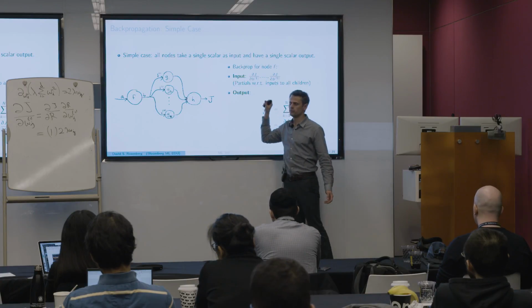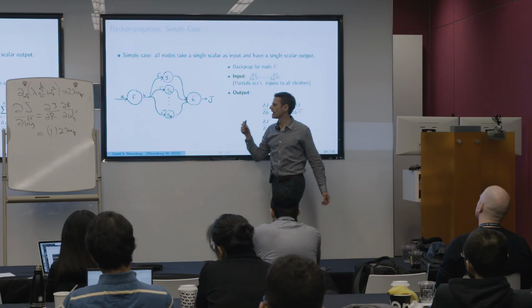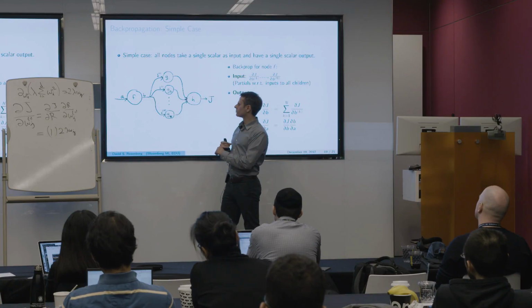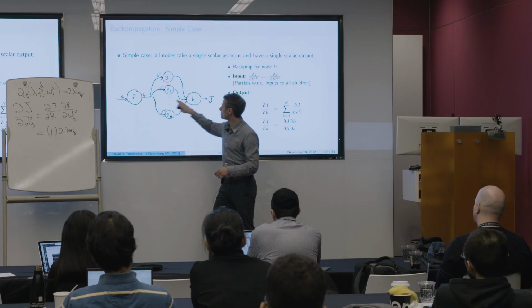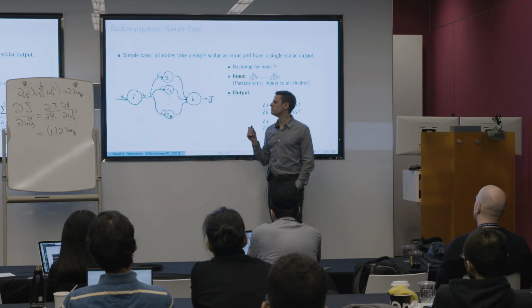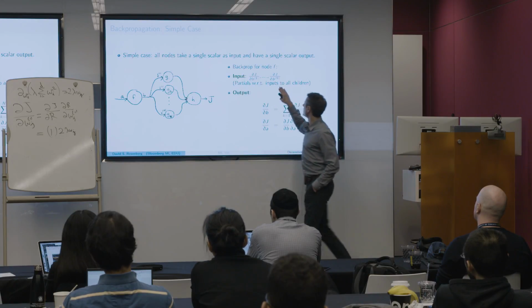And then what would the output be of backward on f? We need two things. Backward delivers the partial of J with respect to b. Let's start there. How do we figure out the partial of J with respect to b, given the partials that we got as input?